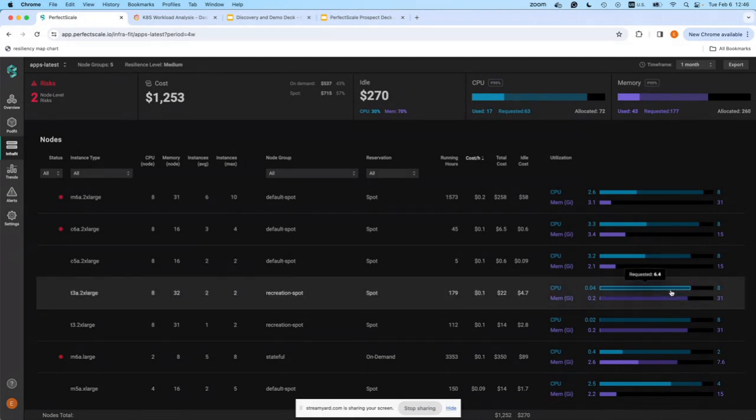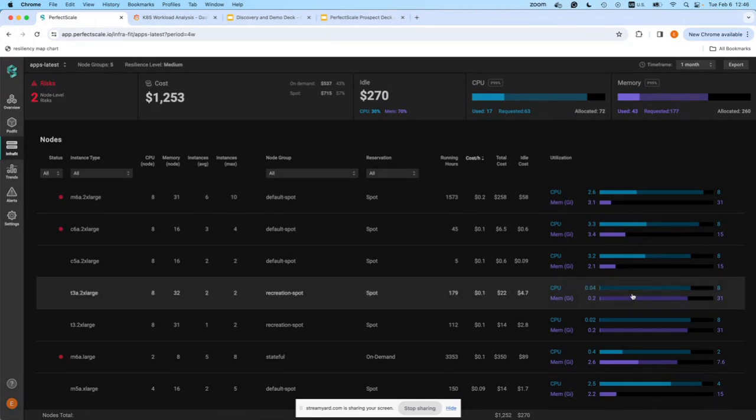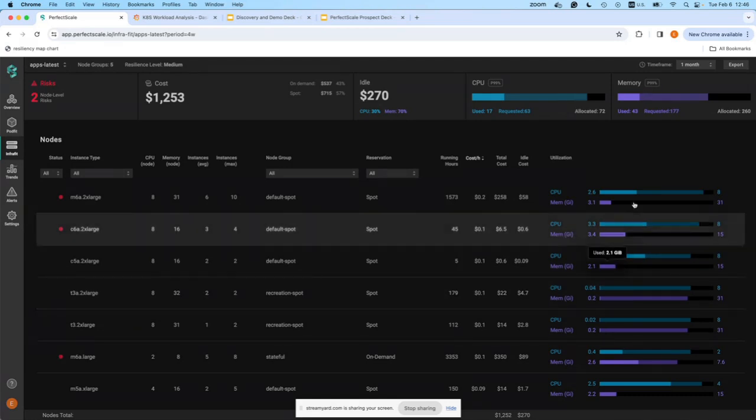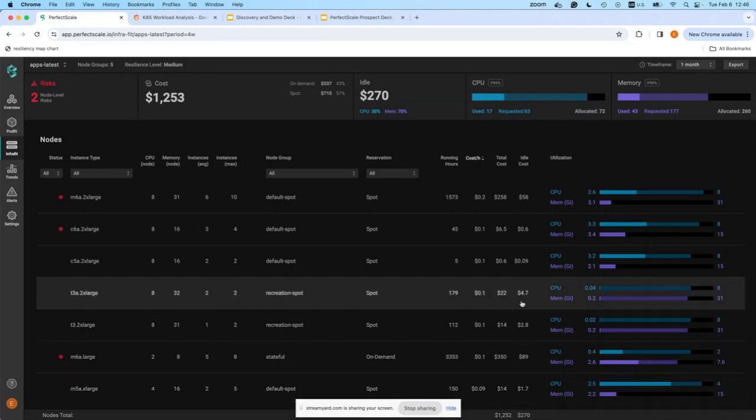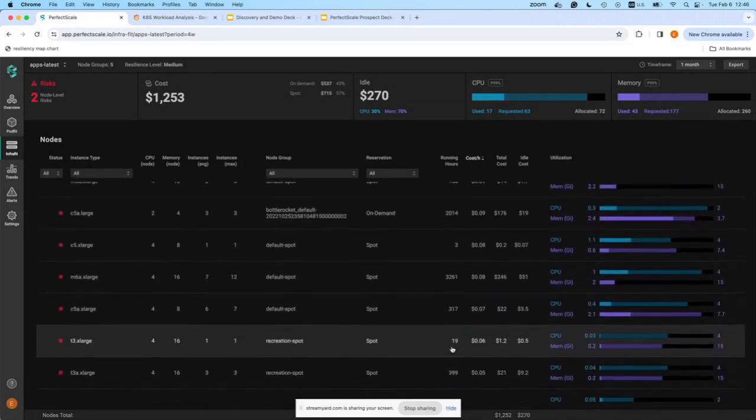This is the request that prevents cluster autoscaler or Karpenter or any other tool from scaling down those machines. But they are not utilized. And we want to know what exactly is sitting here, and let's remove it. Because if we reduce the resources here, it will actually jump into one of those nodes, and we will save two machines here and 8 machines here, and so on and so forth.